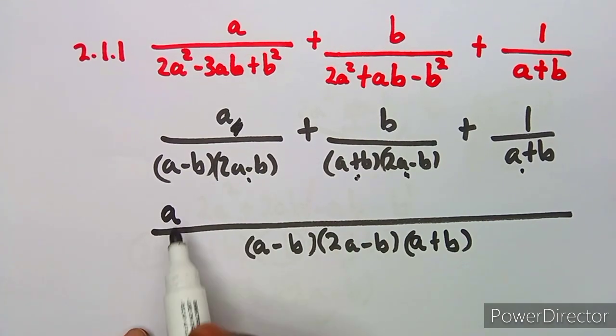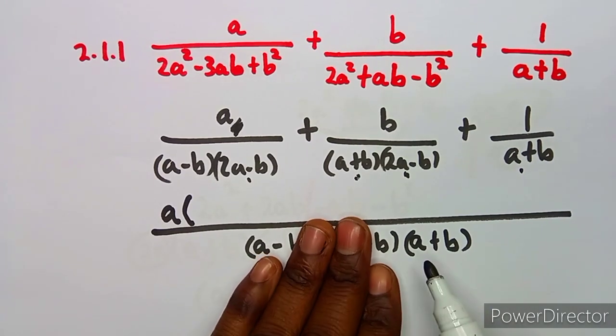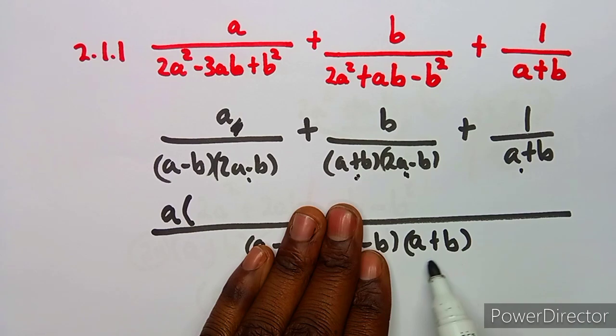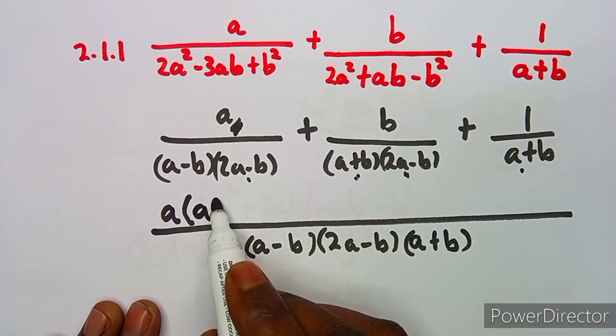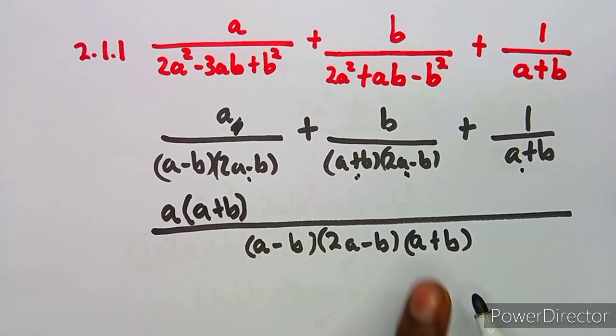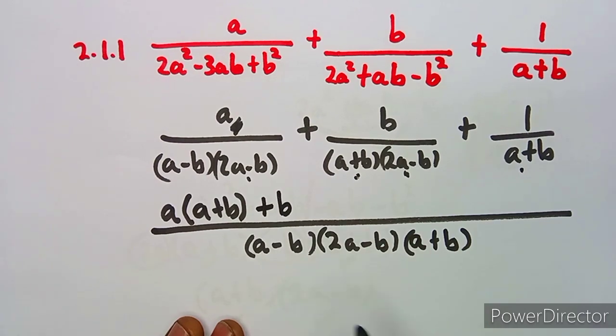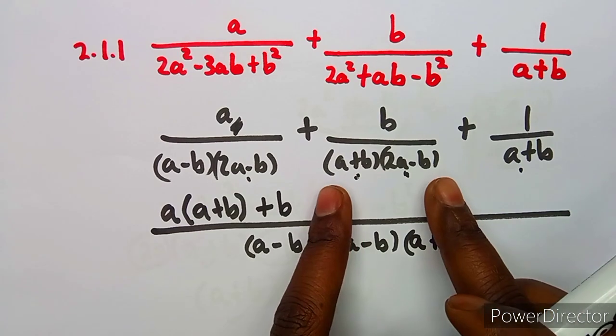So it's going to be a times this part which is remaining, because this is cancelled, so you are remaining with a plus b. But you assume as if you are cancelling, you don't cancel now these two, no, you just assume cancelling these. All right, so it's the same thing here, plus b into, you divide again your LCD, divide by this.